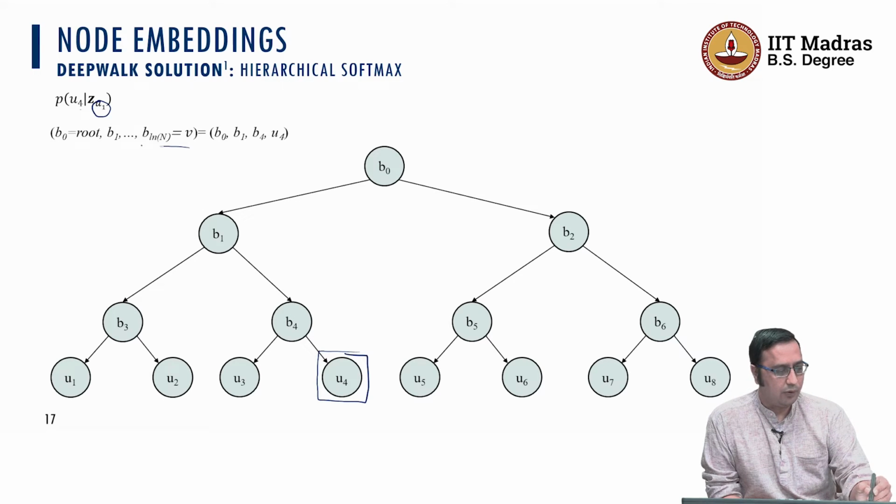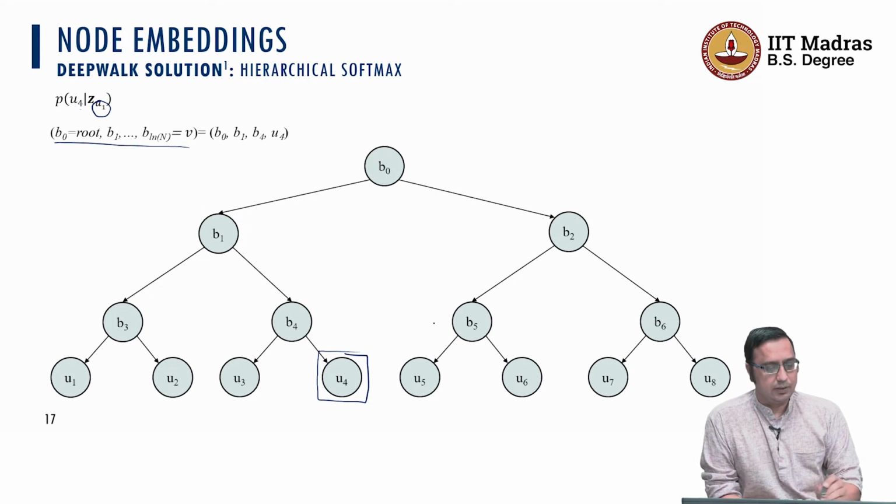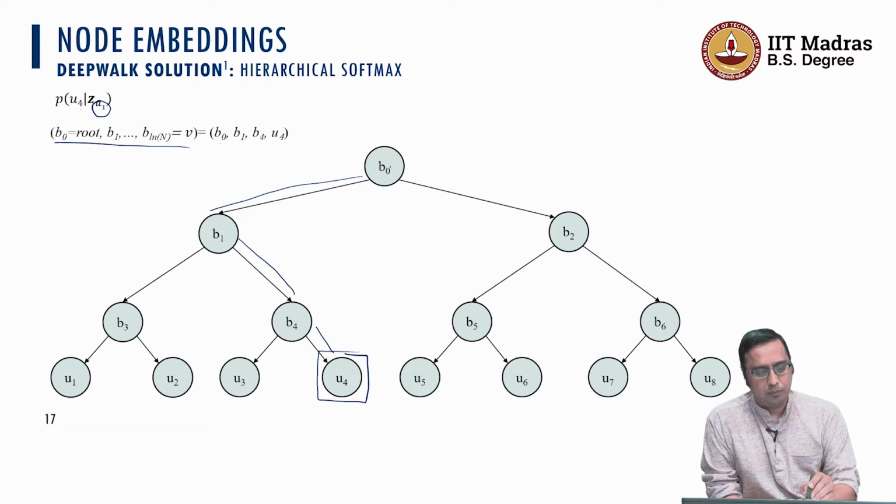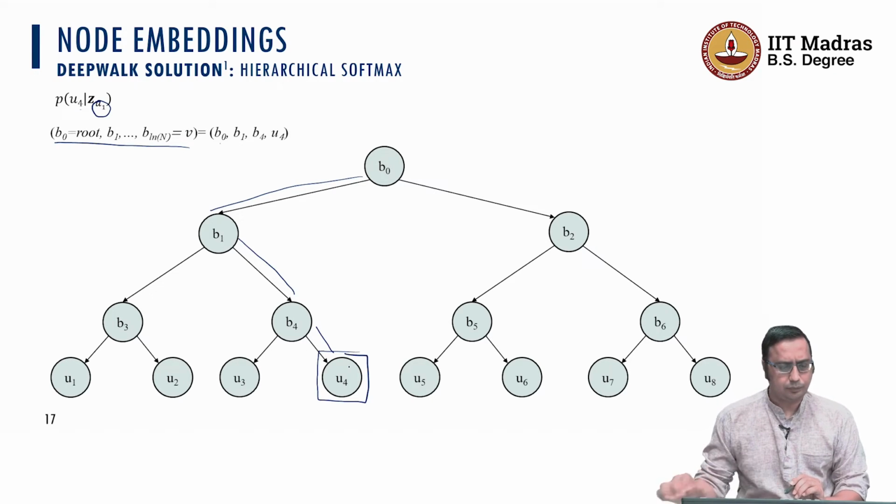Now I have to find this sequence. If you look at the path, B0 to B1, B1 to B4, and B4 to U4. So, I have B0, B1, B4 and U4 as my specific path from B0 to U4.